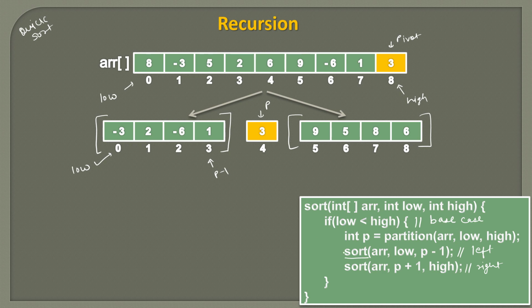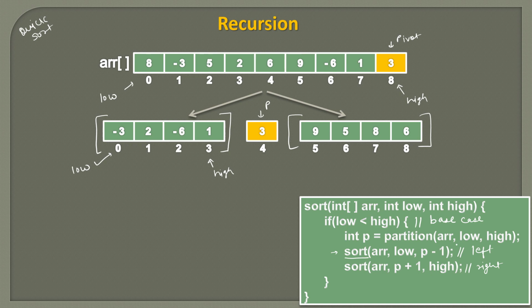So here when this sort method is executed for this left array, you can see that this sort method will be executed again. Low will be the same, but high will become p minus 1. So this would be our high. Low is less than high. Now we will again call the partition method.